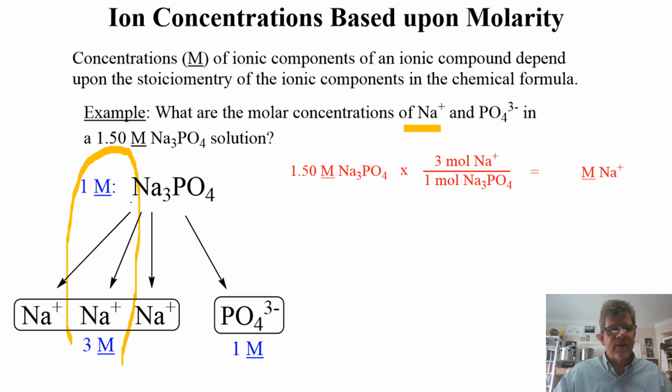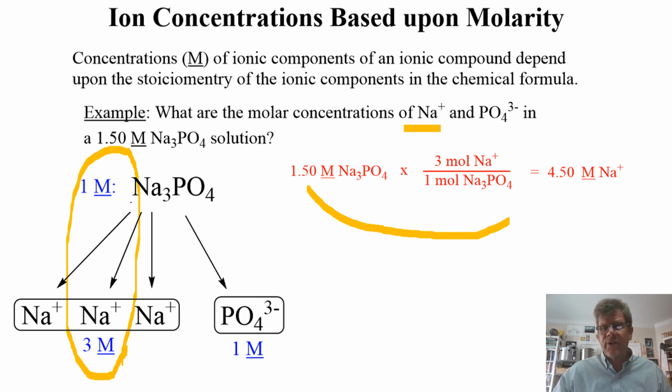It reflects this 1 to 3 right here. And of course, that's essentially just multiplying this number by 3. And it's actually 4.5 molar sodium ion, from 1.5 times 3 to 4.5.